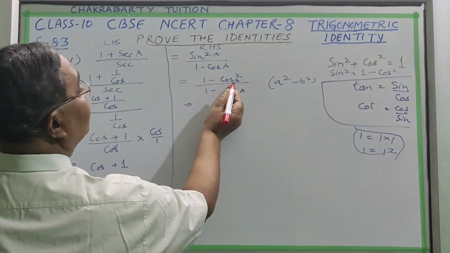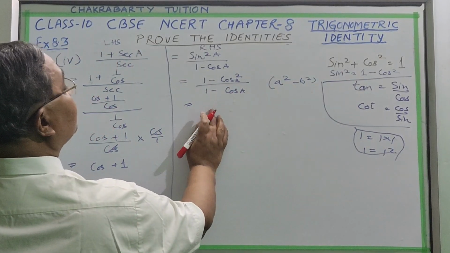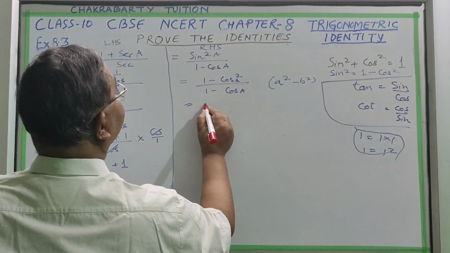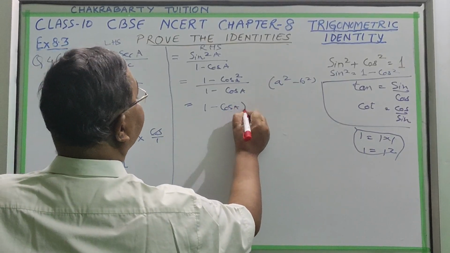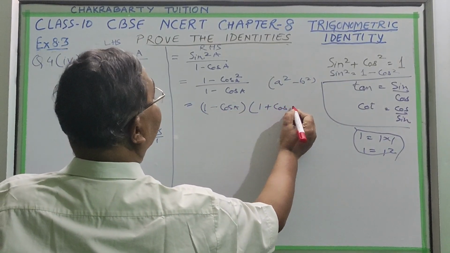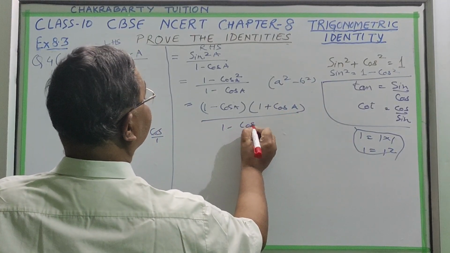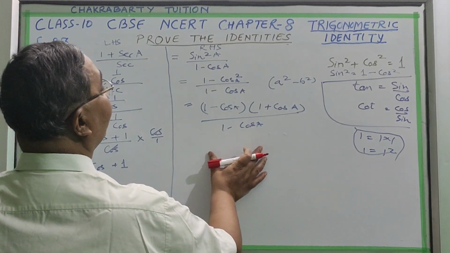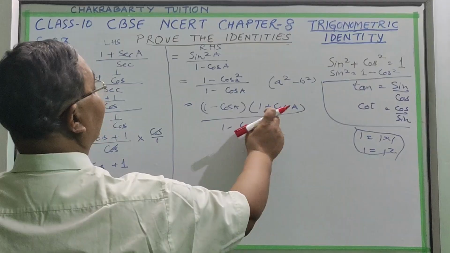So we can write 1 minus cos a in one bracket, and in another bracket 1 plus cos a, upon 1 minus cos a. Okay, a square minus b square means a plus b, a minus b.